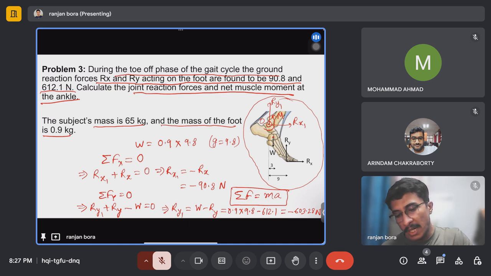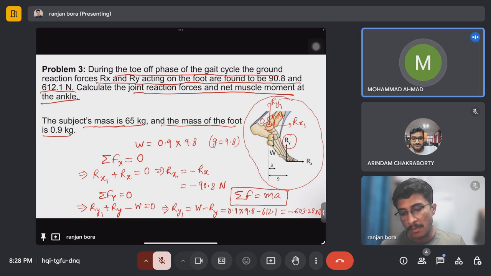Because we are already considering the ground reaction force, and this vertical component of reaction force comes due to the mass of the subject. That's why we are not considering the subject mass here. Is it clear? Yes, sir, it's clear.